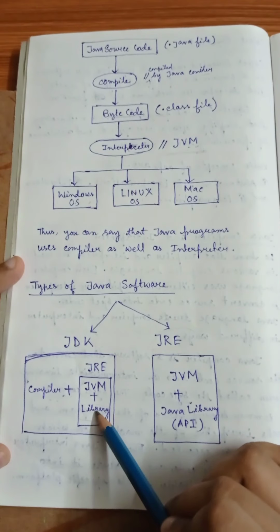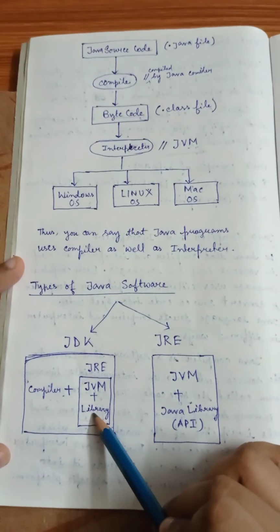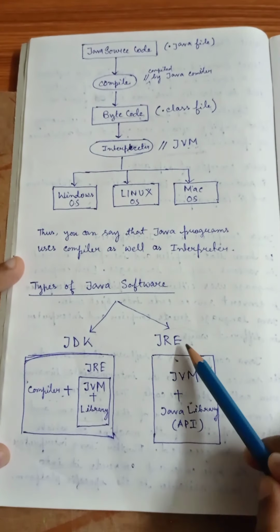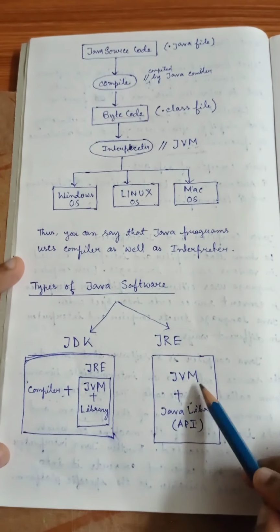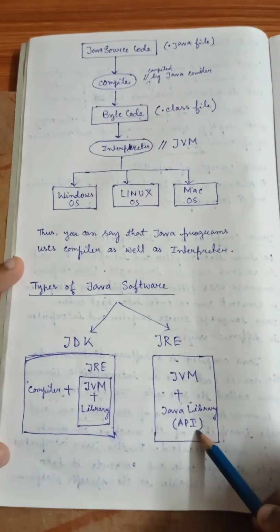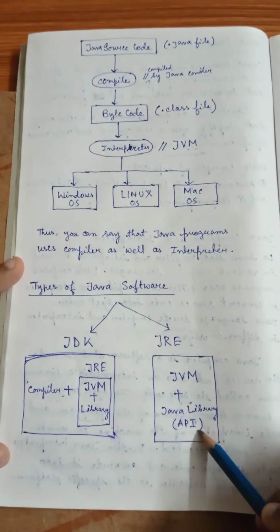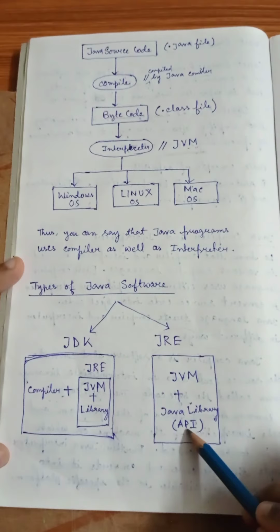The Java library is also known as Java API, and JRE only has JVM and Java library or API. API full form is Application Programming Interface.